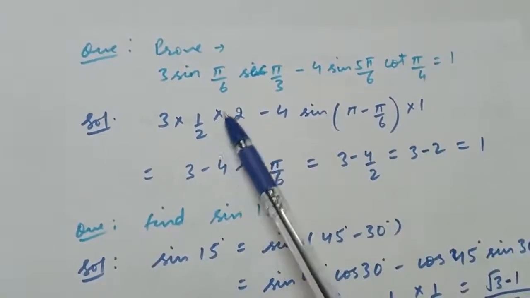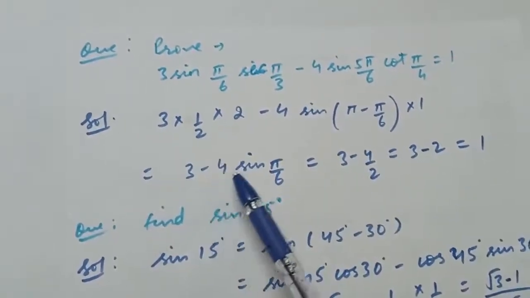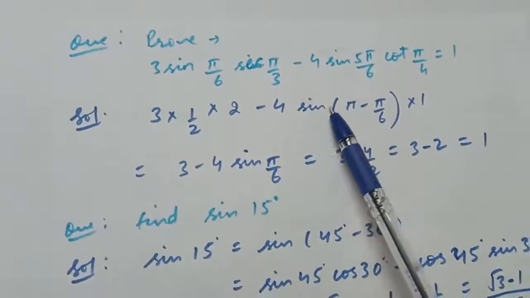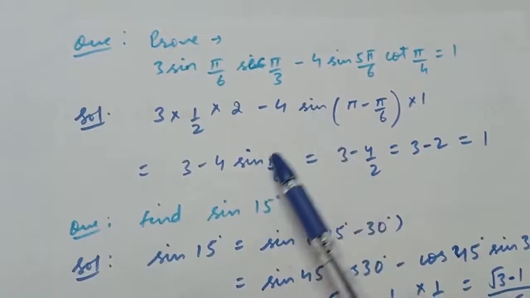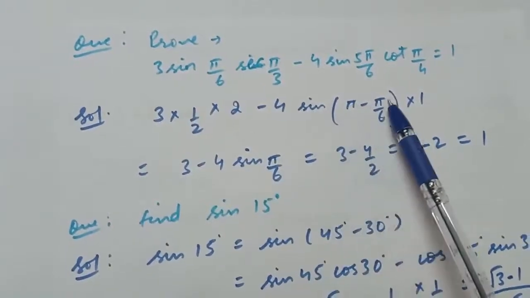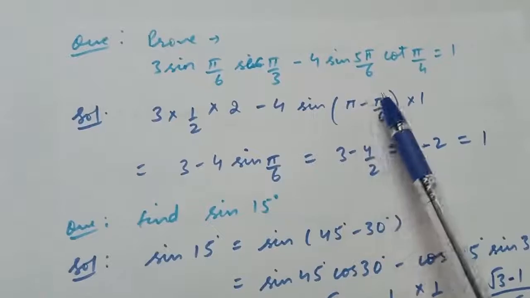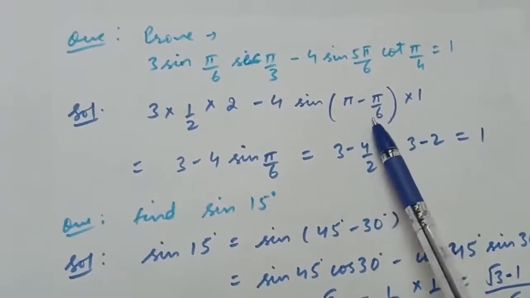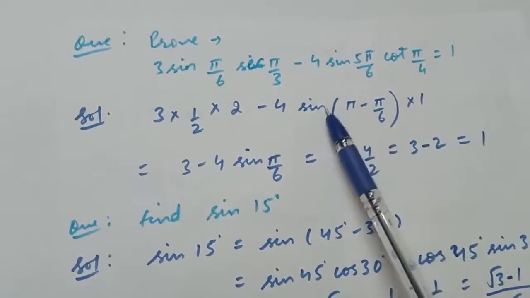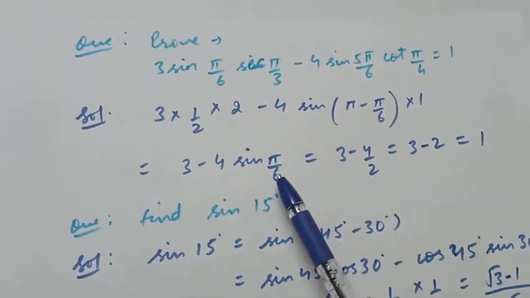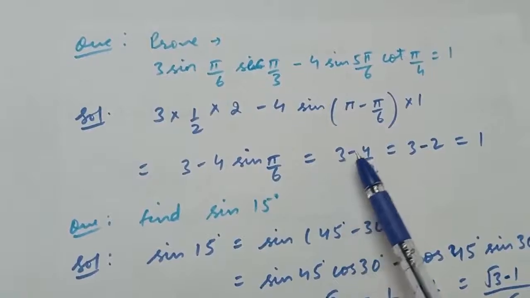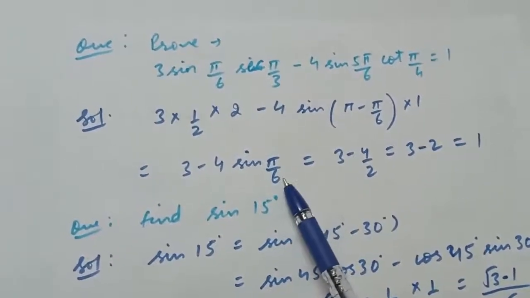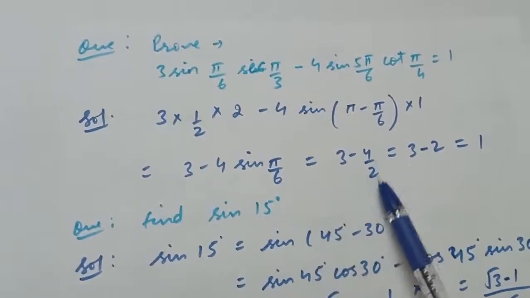Now this will become 3 minus 4 into, now at pi, the trigonometric function sine will remain sine. Sine of pi minus x is sine x, because this angle pi minus pi by 6 lies in the second quadrant, and in the second quadrant sine is positive, right? Now this will be equal to 3 minus 4 into sine pi by 6, which is sine 30, which is 1 by 2, right?